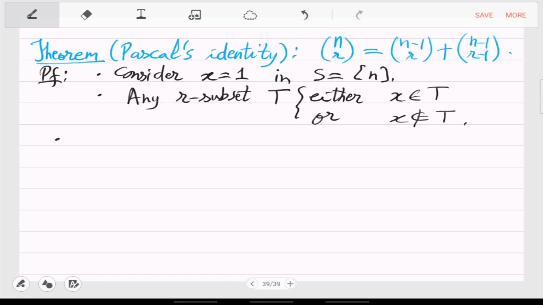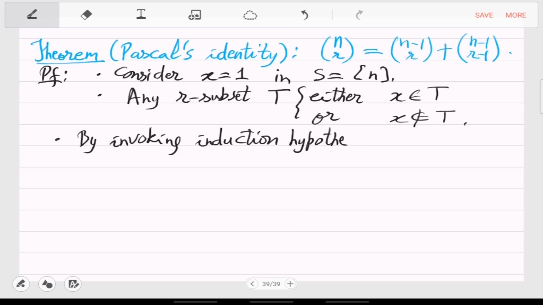Do you use anything else than the sum rule? Formally it's an induction proof, so you have to use induction here. Or well, not really induction: by invoking the induction hypothesis, or just by the definition of n choose r.